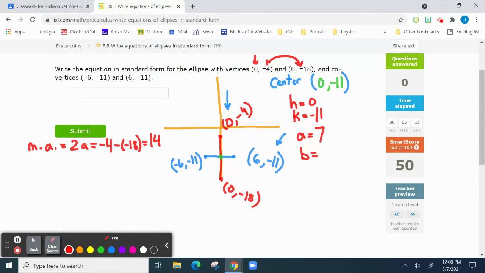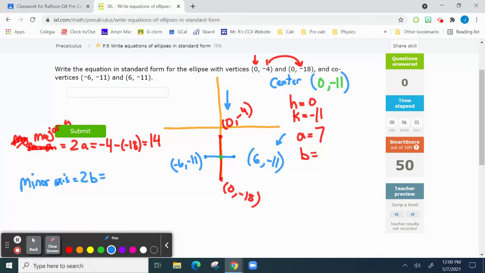And now we're going to go to the minor axis. The minor axis is going to be 2b.